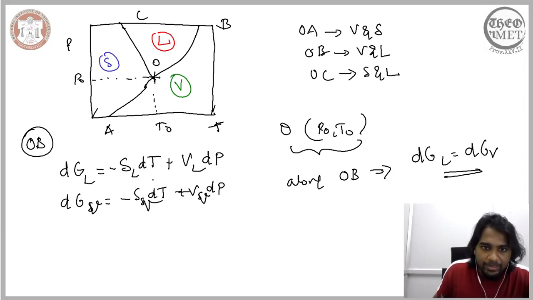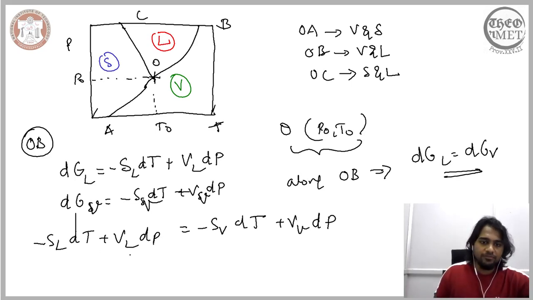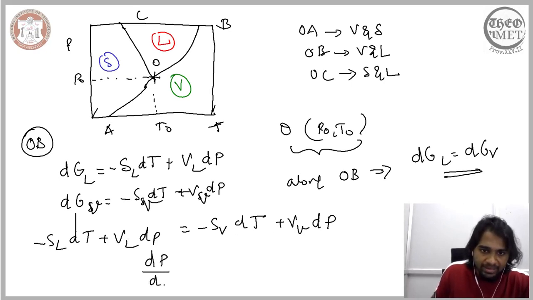Now we have this expression. Since along OB the Gibbs free energies are equal, the changes in the Gibbs free energy, we can equate these two terms here, that is, be equal to. Now it is possible for us to rearrange these terms in such a way that we end up with an expression for dP by dT.